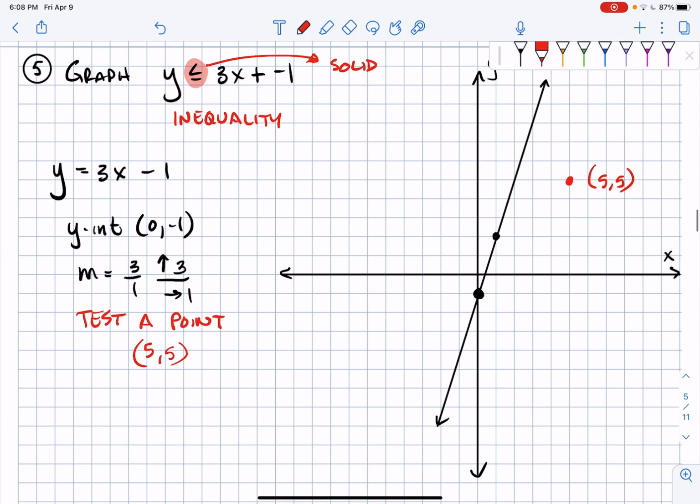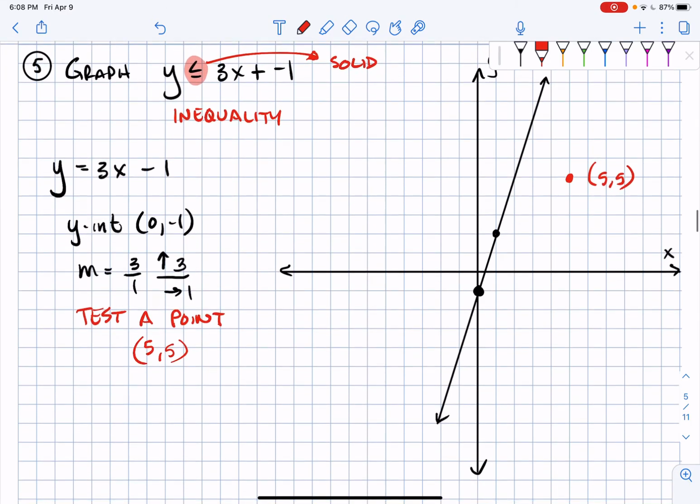All right, so I'm going to plug it back into the original equation. So the question is, y is 5, is that less than or equal to 3 times 5 minus 1?